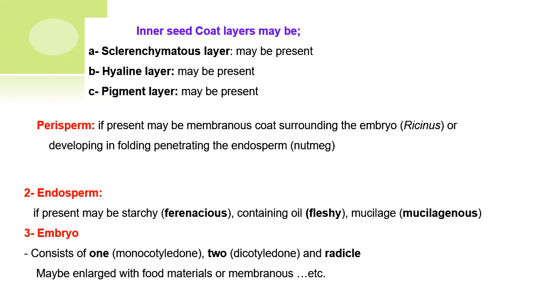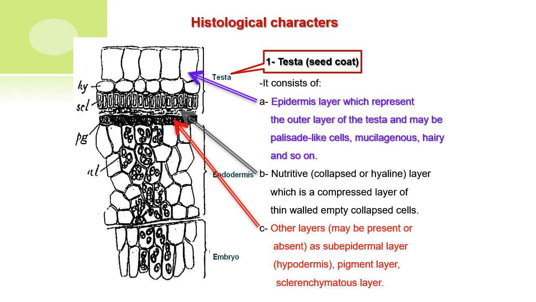We have different shapes of the embryo according to the arrangement or direction of the cotyledon and the radicle. This is a diagrammatic illustration of the seed coat layers: the epidermis followed by the hypodermis, and in some seeds covered with cuticle, large tabular cells, followed by parenchyma or collenchyma cells, sometimes lignified sclerenchyma cells, then the nutritive or hyaline layer formed of collapsed cells after exhaustion of the reserve food material contained before.